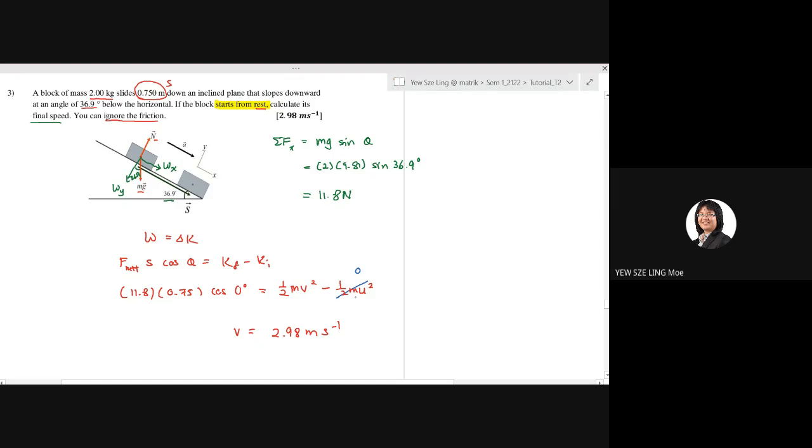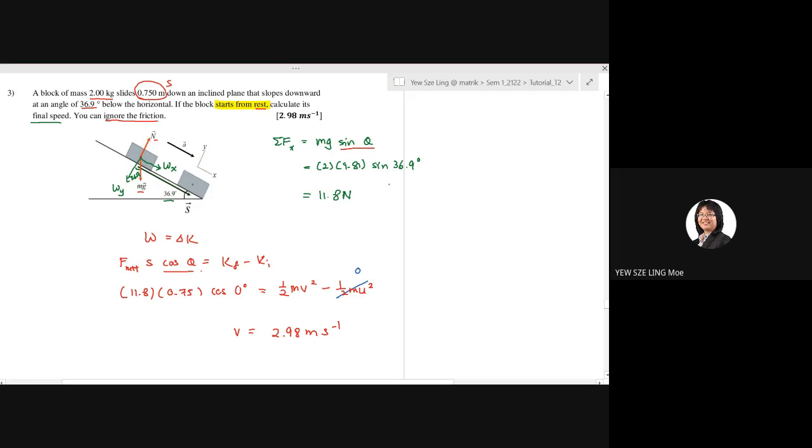So that's it. There are no complicated calculations here, as long as you know how to calculate work done as Fs cos theta, where the F is coming from net force. That is the only part you need to resolve that involves sine and cos theta. When it comes to kinetic energy, the direction of motion is not important. Whether it is on a flat surface, horizontal plane, vertical plane, or inclined plane, it doesn't matter.